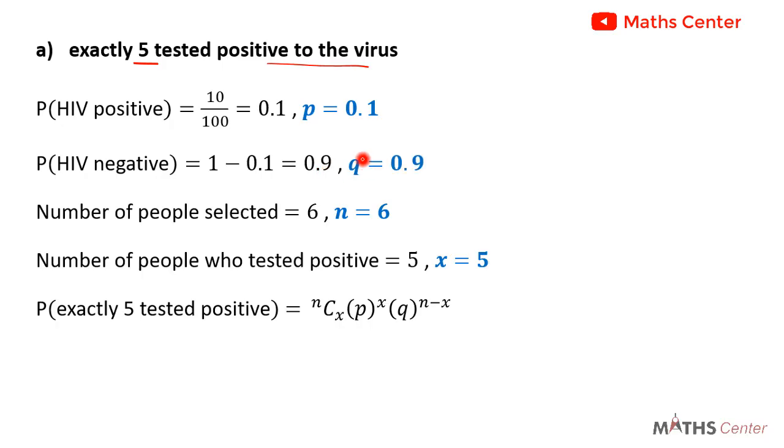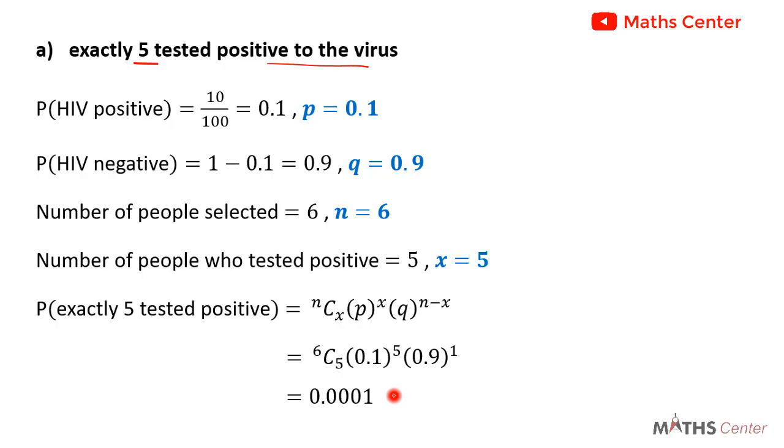So Q, which is the probability of failure, will be 0.9. We have the values of P, Q, N, and X. We substitute it here for the probability. When we do that, you have 6 combination 5, 0.1 exponent 5, 0.9 exponent 1. And this gives us 0.0001. Remember, the question said we should correct our answer to 4 decimal places.